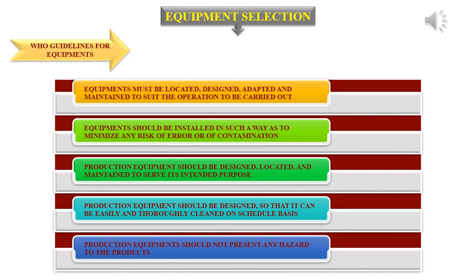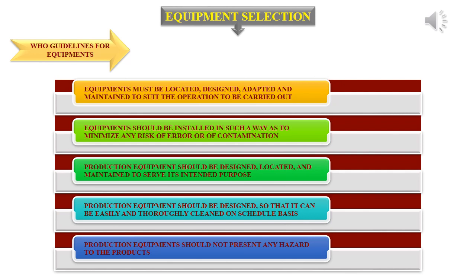What are the WHO guidelines for equipments? Equipments must be located, designed, adapted and maintained to suit the operation to be carried out. Then equipment should be installed in such a way as to minimize any risk of error or of contamination.